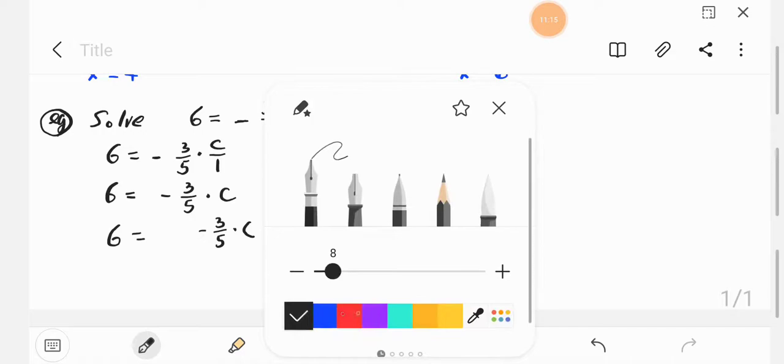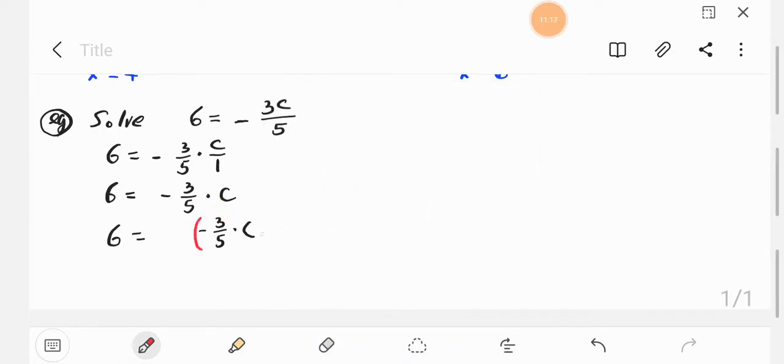So what I'm going to do is multiply by the reciprocal of negative 3 over 5, which is negative 5 over 3. And the negative sign stays the same. What we do is just switch the numerator to the denominator. So we got to multiply the left hand side as well by negative 5 over 3, right?